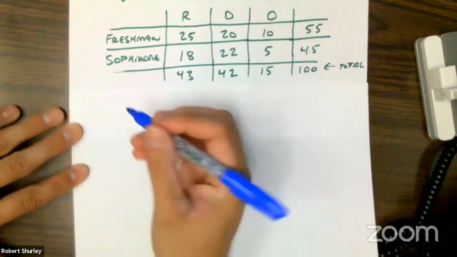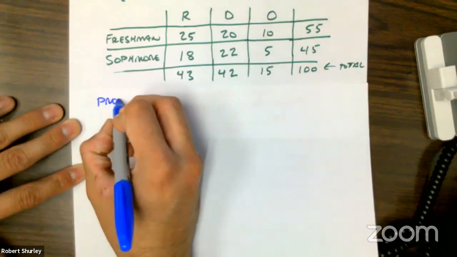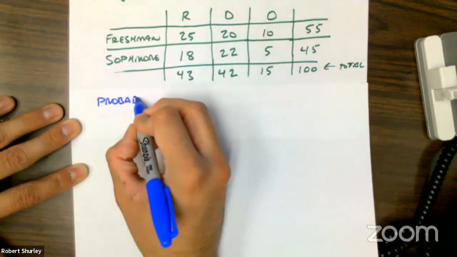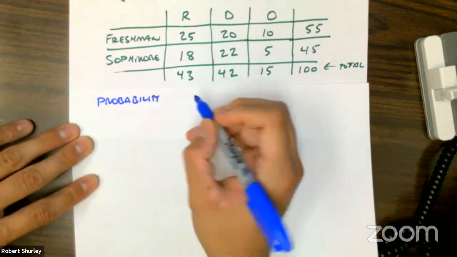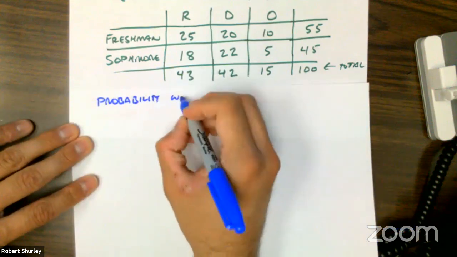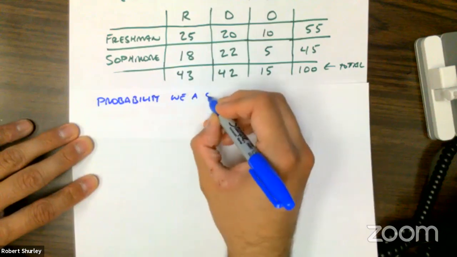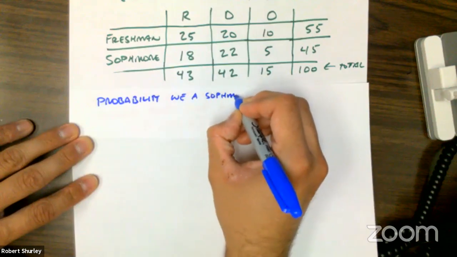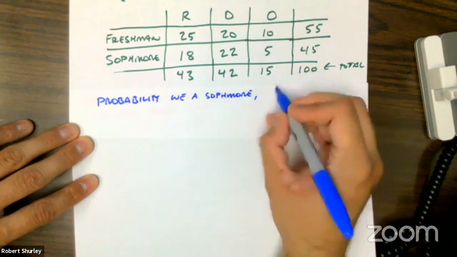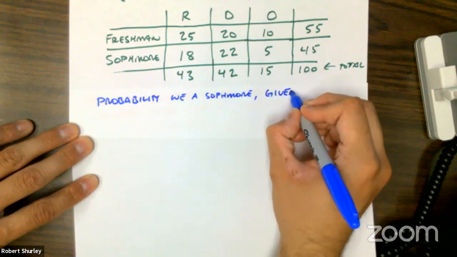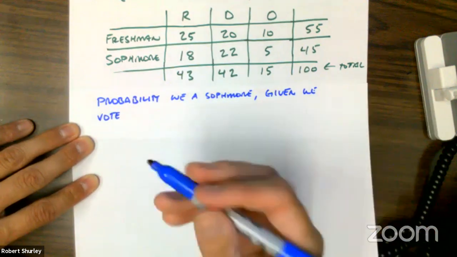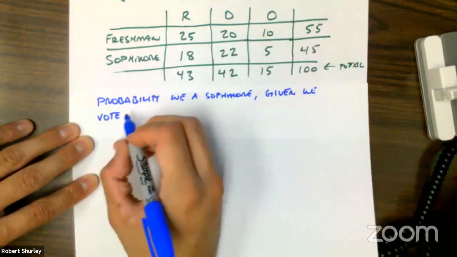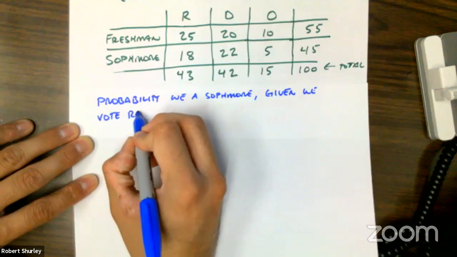I'm going to say, well, what's the probability we are a sophomore given we vote, or I say vote, you know, this is from a survey, vote Republican.